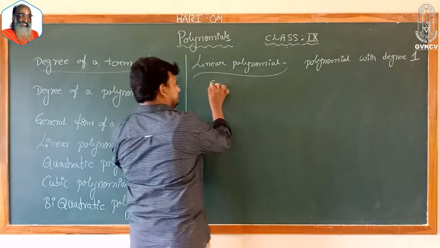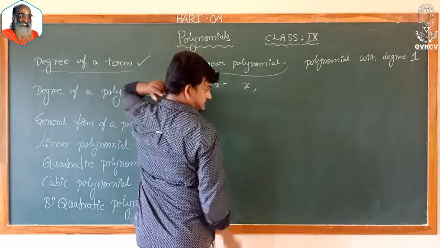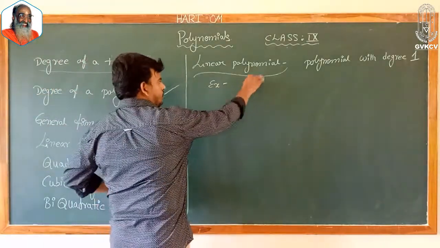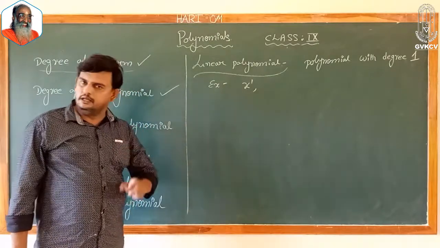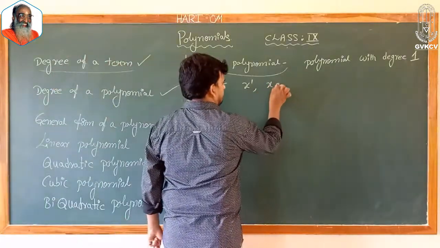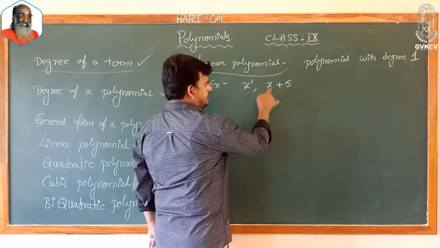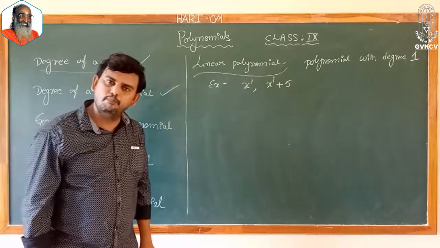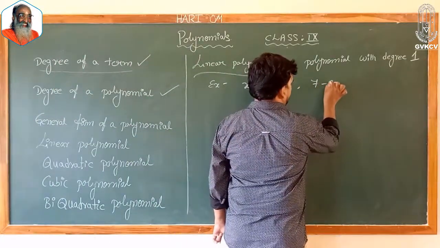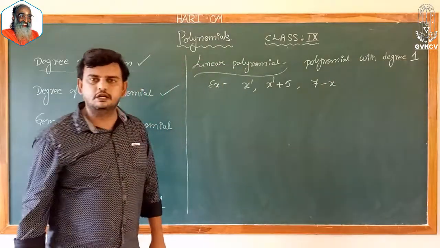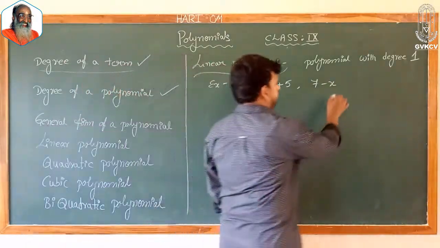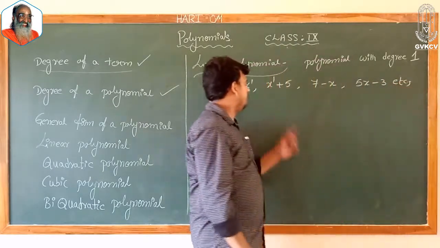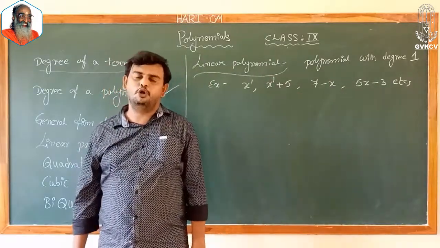For example, x. Here x is a polynomial, and what is its degree? 1. So we can call it a linear polynomial. X plus 5. Here x has the power 1, so it is also a linear polynomial. 7x minus 6 is also a linear polynomial. 5x minus 3, etc. All these are linear polynomials.